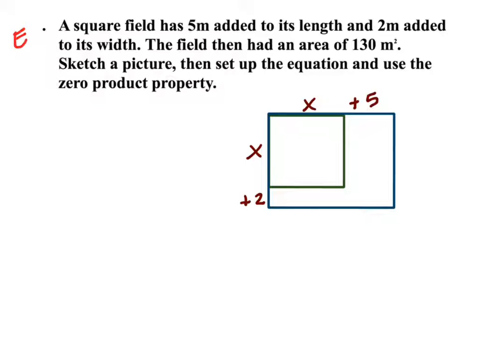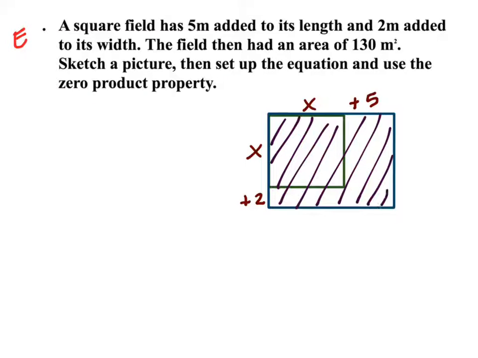Now take a look at this, and it tells us that the field had an area of 130 after it all came about. So this area inside the field, the entire area inside it, let's see if I can indicate that.